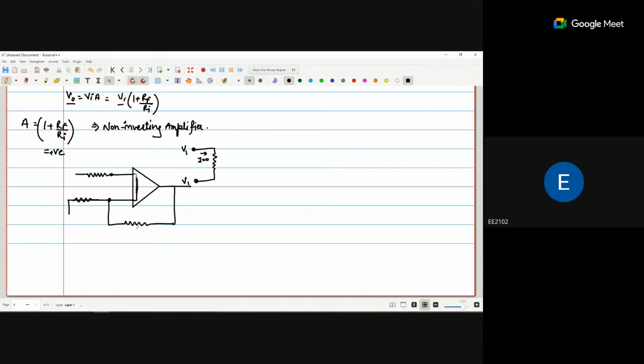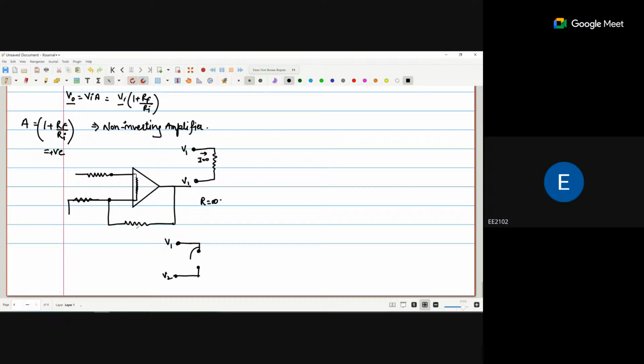If I say the internal resistance is infinite and open loop, so I apply V1 here, this is my open loop, and that is V2.